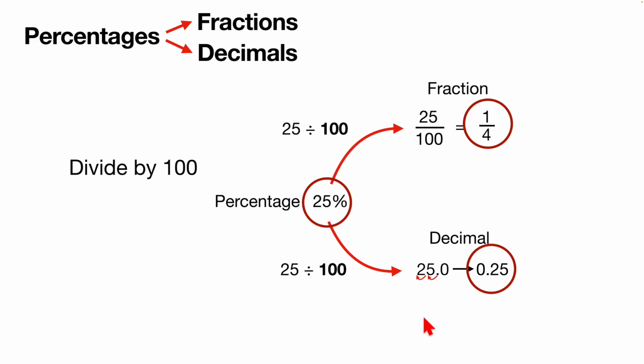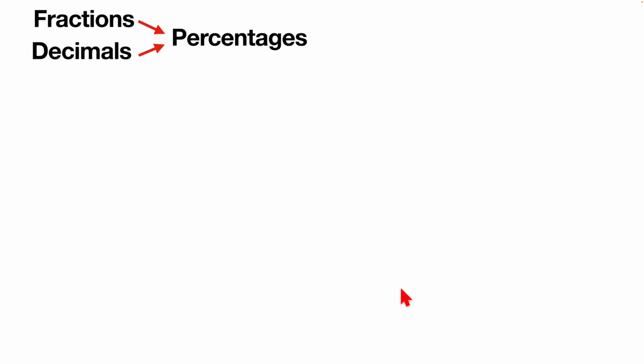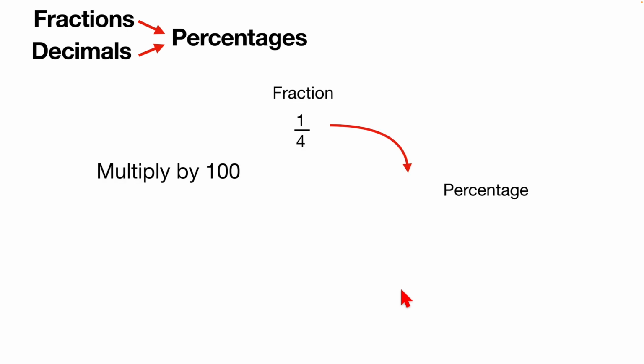Now that's going from percentages to fractions and decimals when we divide by 100. If we're going to make a percentage from fractions and decimals, we multiply by 100 because a percentage is 100 times too big. Let's go from a fraction to a percentage, say a fraction of a quarter. We will multiply a quarter by 100, it's 100 over 4, which we divide each one by 4. 100 goes to 25, 4 goes to 1.